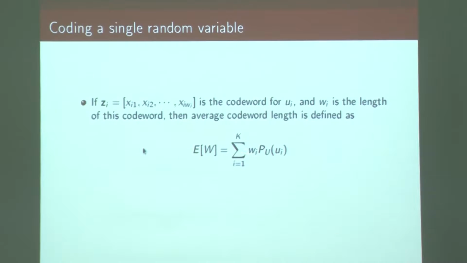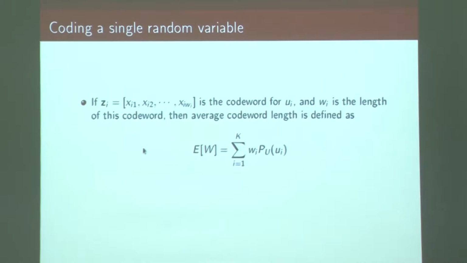I have k possible values for the u_i's. The i-th u_i has code word length w_i, and the probability of its occurrence is p(u_i). I sum this up over all k u_i's, and that gives me the average code word length. So, the average code word length is the length of each u_i's code word multiplied by the probability of occurrence of that u_i, summed over all k elements of u.